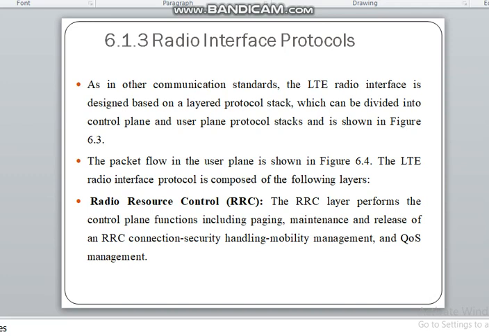That function is also handled by the RRC layer. And for handover, or if you want to call some person, the connection establishment will be handled by the RRC layer.